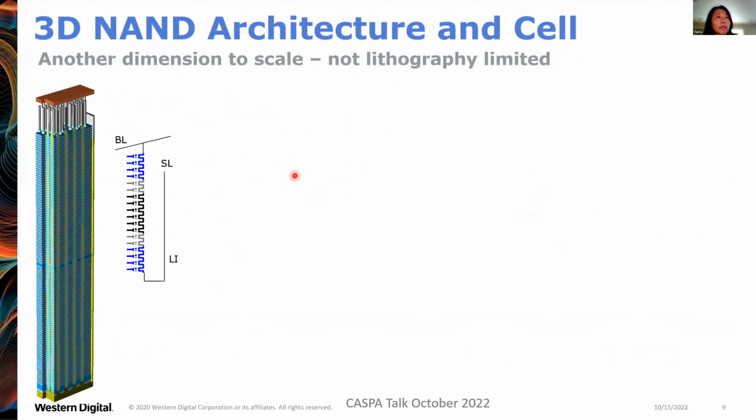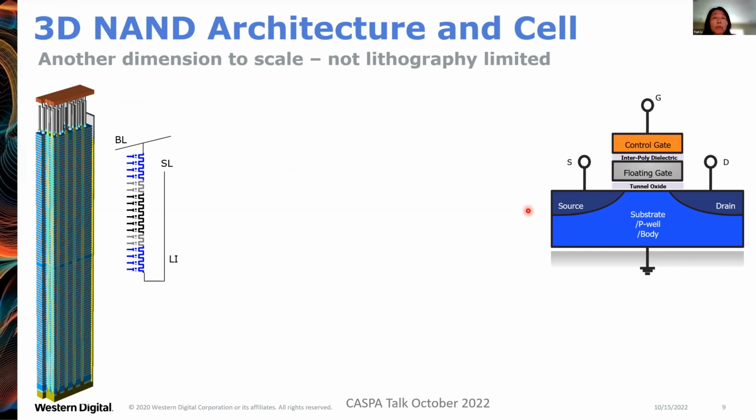As previously mentioned, we are still continuing to scale. DRAM has already slowed down, and even scaling the CMOS transistor on a CPU or GPU is very expensive, as the previous speaker also said. For us, we are not just growing in the 2D dimension; we are growing in the 3D dimension.